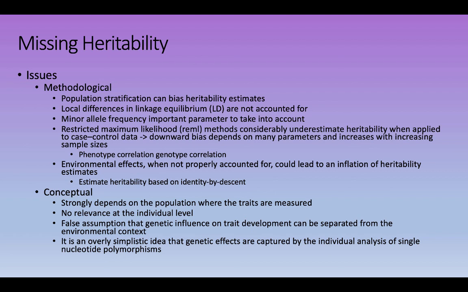And they may just be a co-marker or co-indicator in a specific population of individuals. We need to make sure that we're not separating genetic influence on trait development from the environmental context where we are observing this trait. It's really important that this is the case. So thinking that we can keep gene-by-environment interactions at zero is probably not a realistic assumption in a lot of cases.